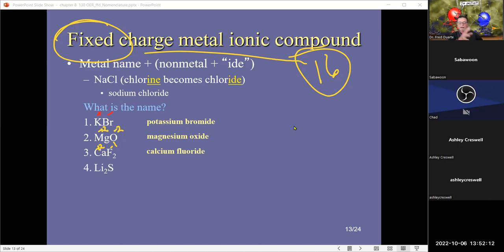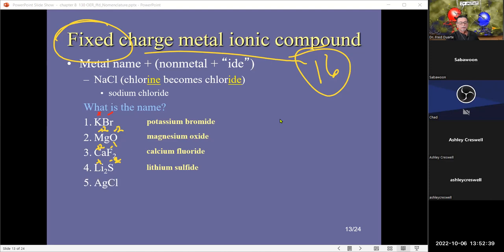Okay, next one, lithium sulfide. Okay, is the name. Now, why 2 lithiums? Well, because the sulfides are a -2. Okay, and each lithium is a +1, excuse me. And I need 2 of them to counter the -2 of the sulfur.